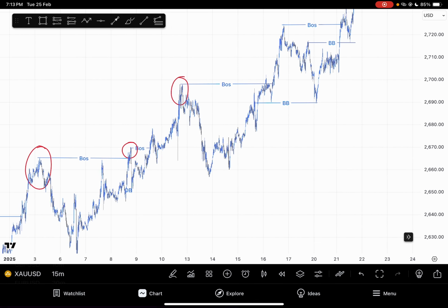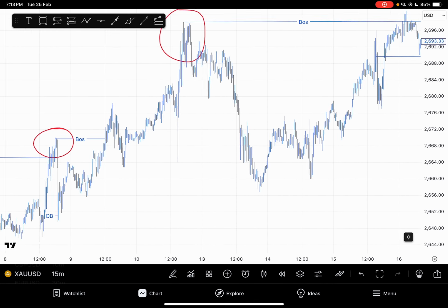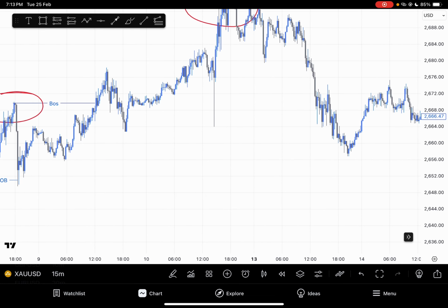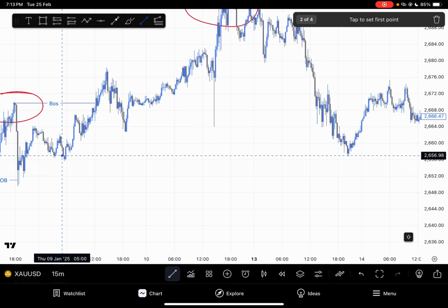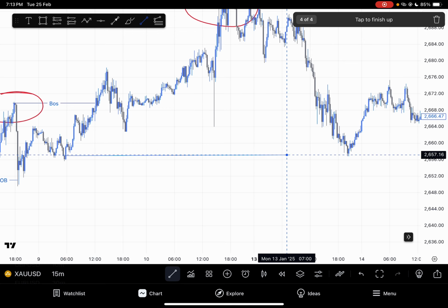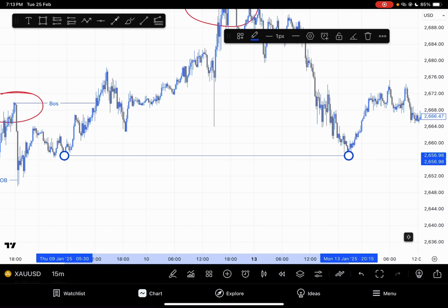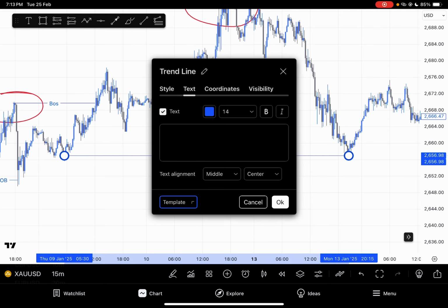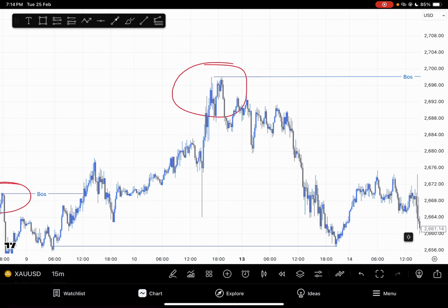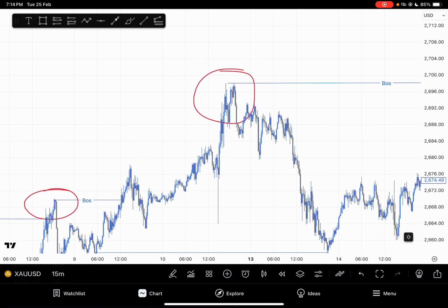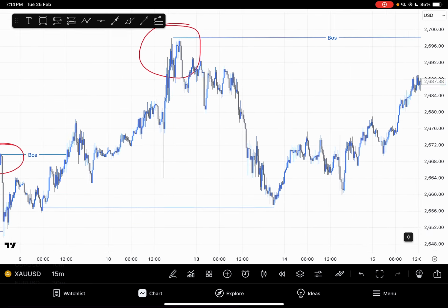So from this point here, if you should mark the order block out, mark this order block, you see price use this order block, then see price push to the upside, breaking above that previous high.